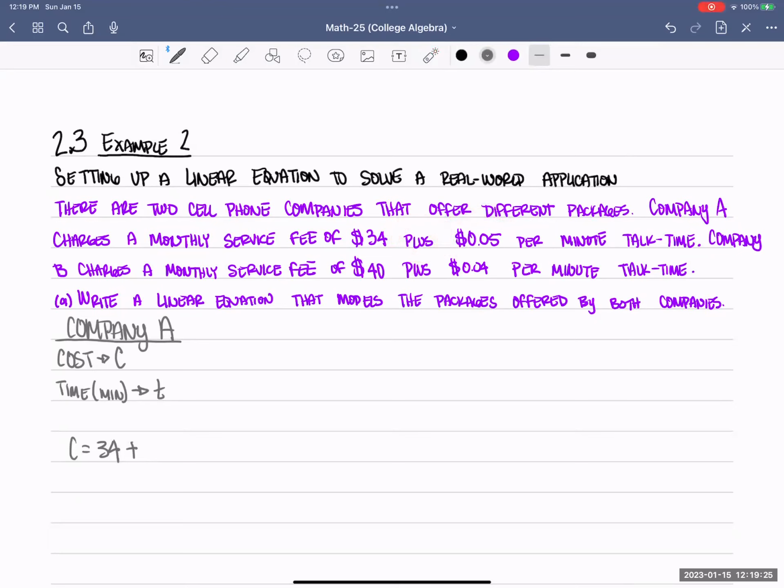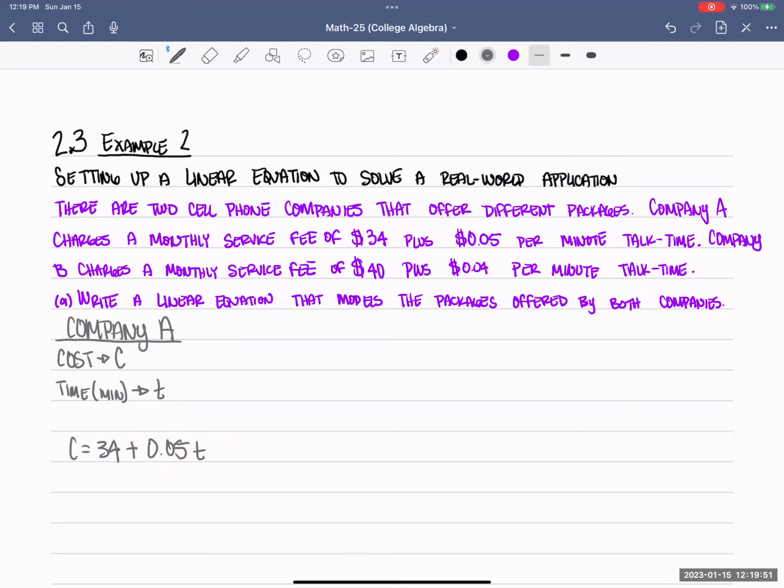So we'll do 0.05 T. So that way, every minute that we talk, we're adding on an additional 5 cents. So if we talk for 1 minute, it's increased by 5 cents. If we talk for 10 minutes, it's increased by 10 times 5 cents. It's going to be 50 cents. So that's our cost for company A.